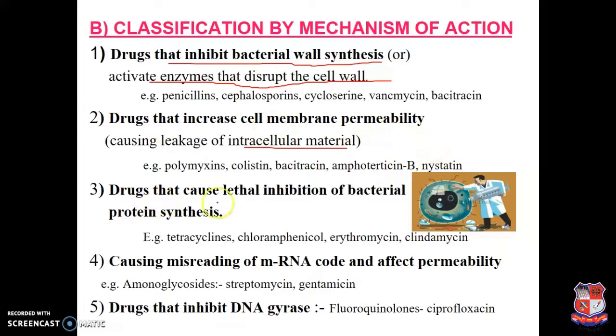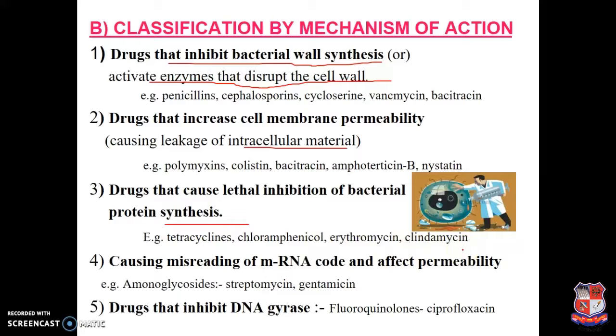Drugs that cause lethal inhibition of bacterial protein synthesis, because protein is the main material for the bacteria. If we inhibit protein synthesis, the bacteria automatically get killed. Examples are tetracyclines, chloramphenicol, erythromycin, and clindamycin.